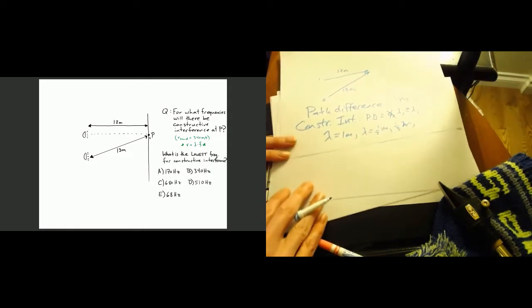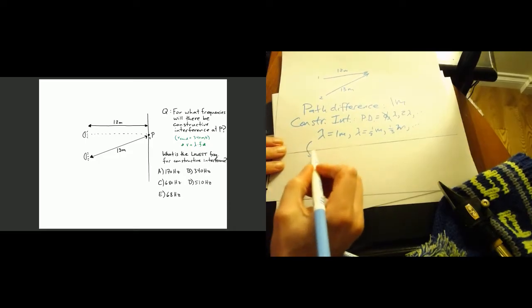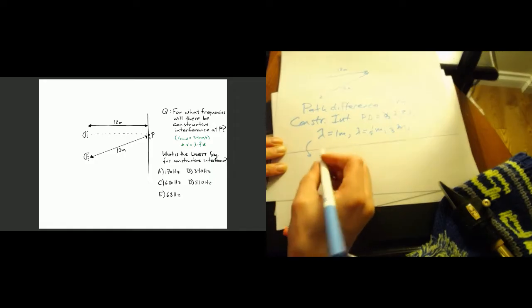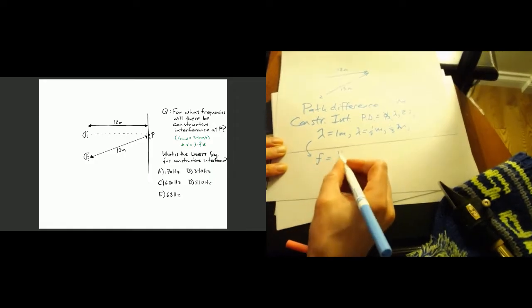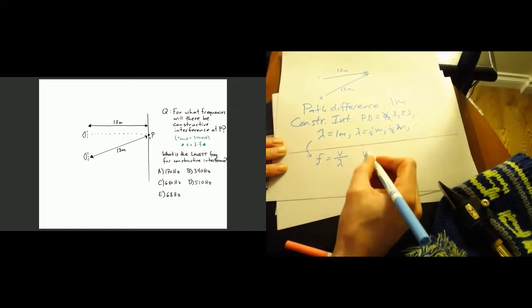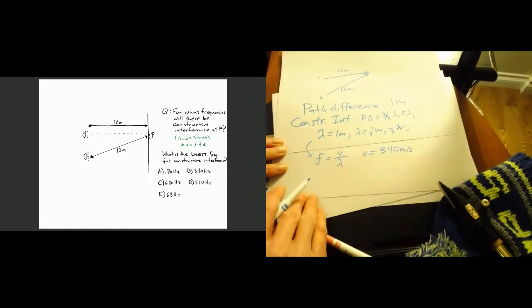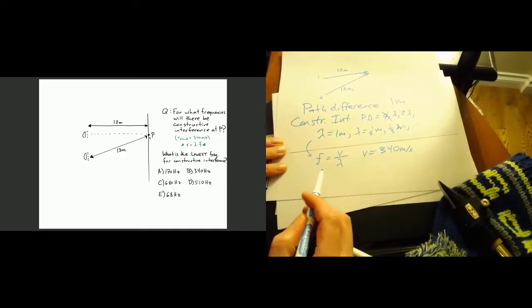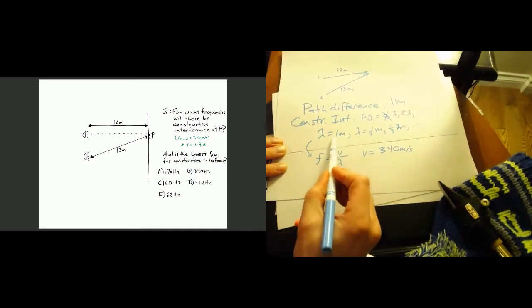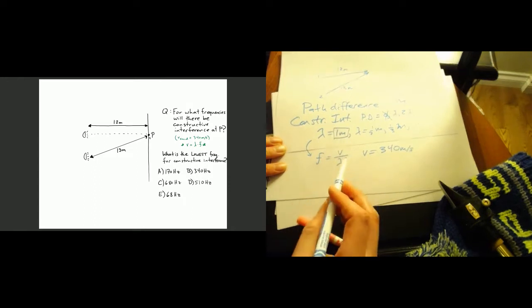Now we want the lowest frequency for constructive interference. So we have to convert these wavelengths into frequencies. And we're going to use that f is equal to v over lambda, where v is the speed of sound, 340 meters per second. So to get the lowest possible frequency for constructive interference, I want to use the largest possible wavelength.